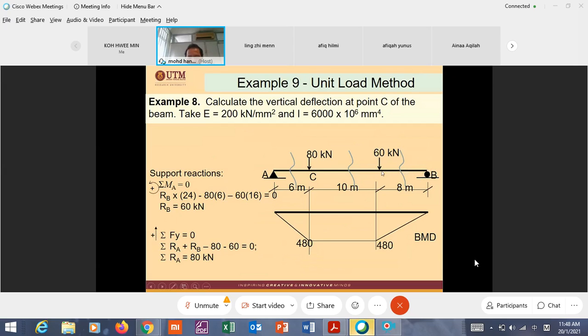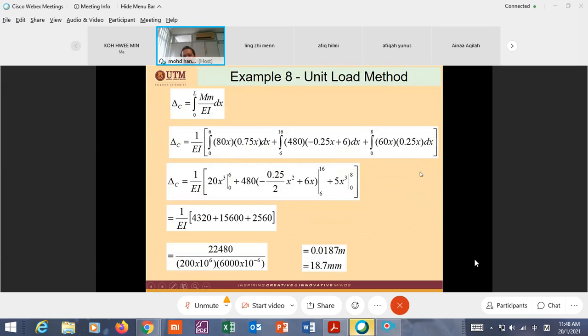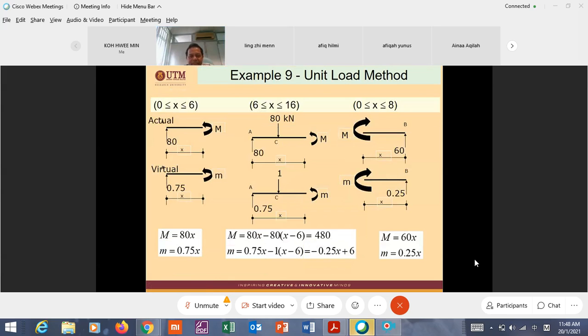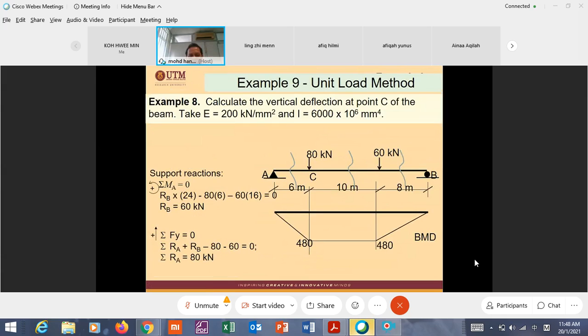And for this example, maybe you can do your own homework at home: calculate the slope at point C. This one is the deflection; I hope you can do the slope at point C. This is not the example question, just some exercise. Okay.